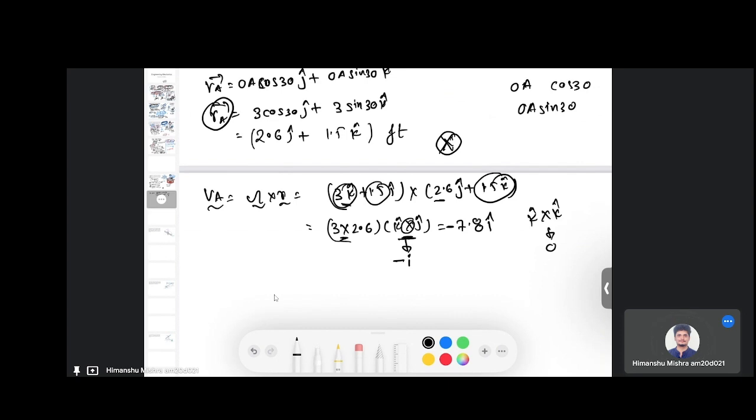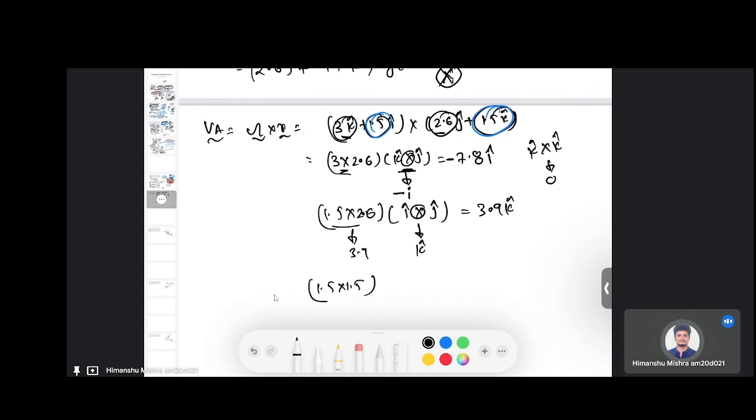Then this and this quantity. So 1.5 multiplied by 2.6, i cross j. So i cross j will give me k, and the multiplication of this is 3.9, so this will give me 3.9 k. Then the cross product of 1.5 with 1.5 k.